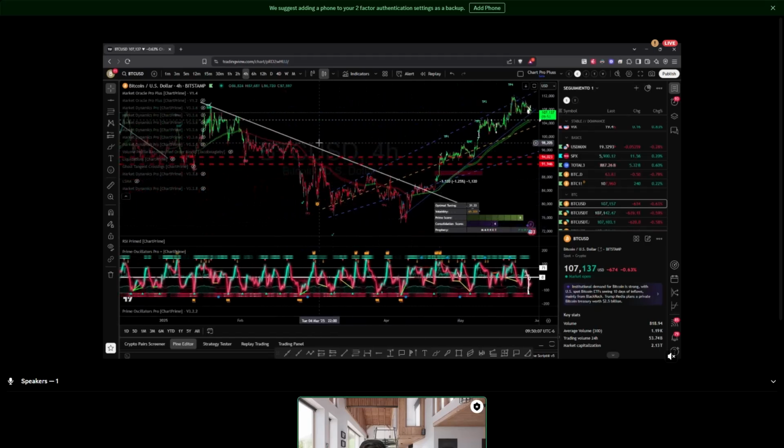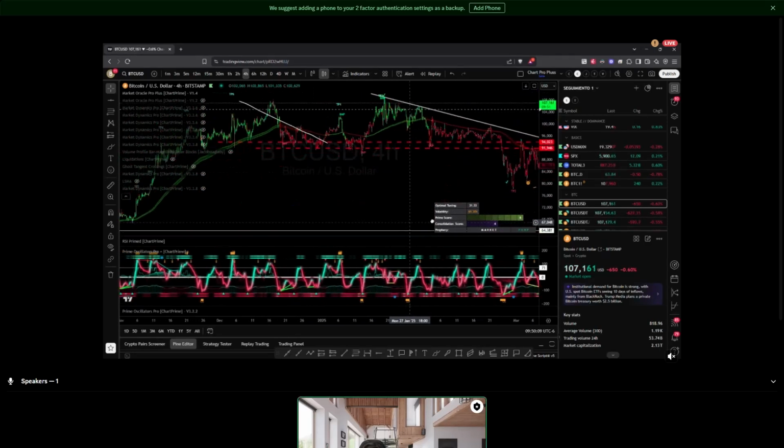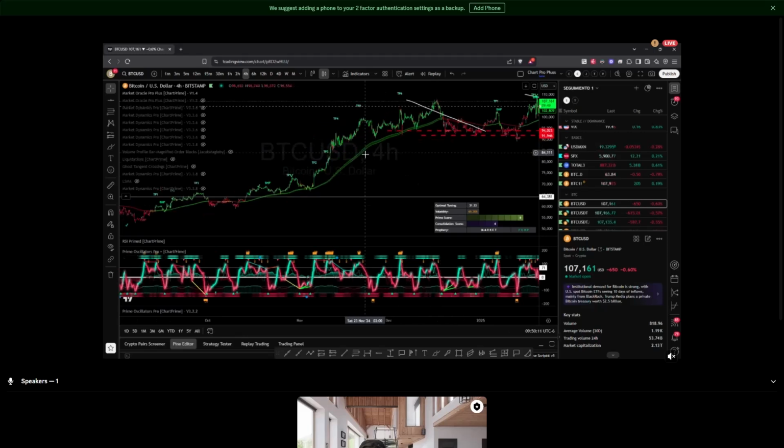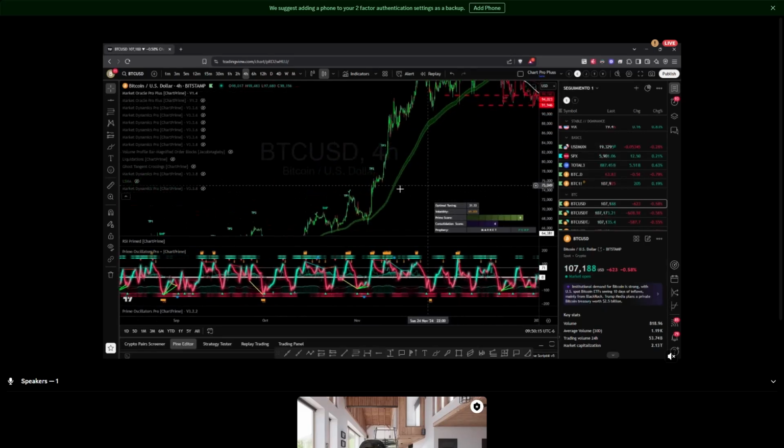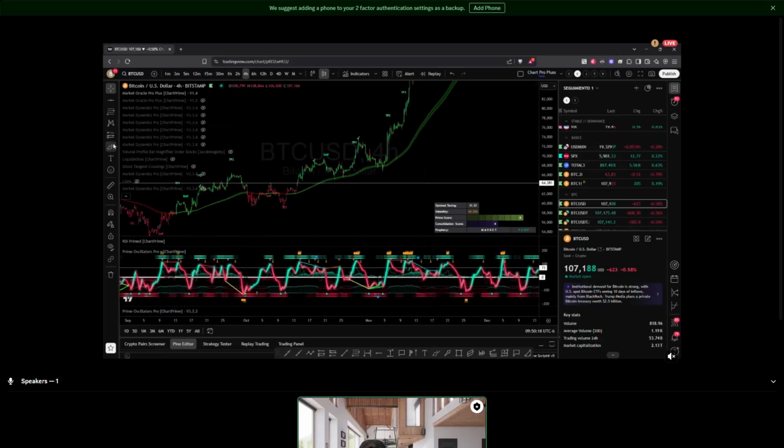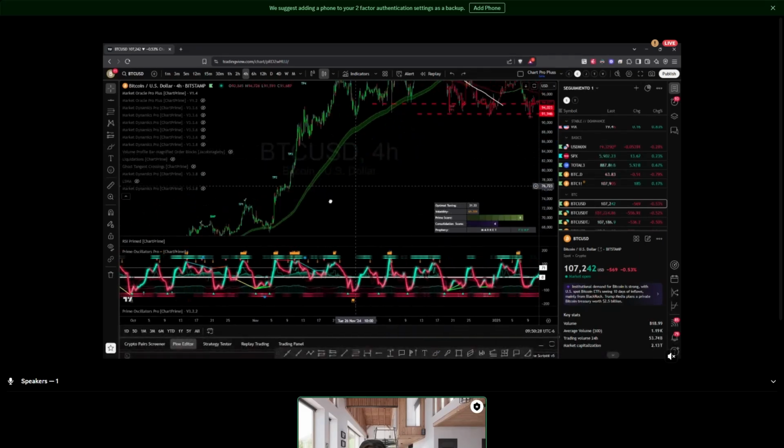You want an example? Let me give you an example here. We range, sweep of the lows, off we go, secondary flip, and we push through, right? Let me give you another example, because this is all over the place.